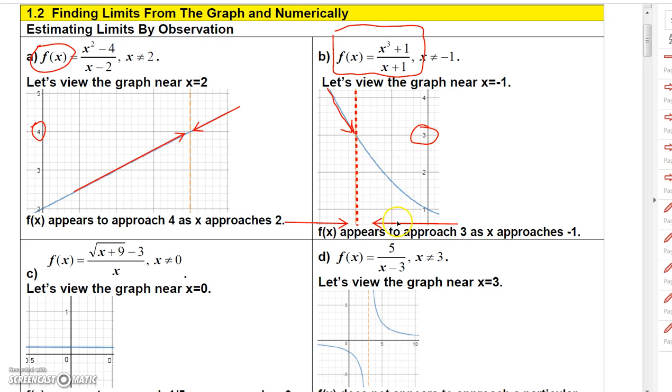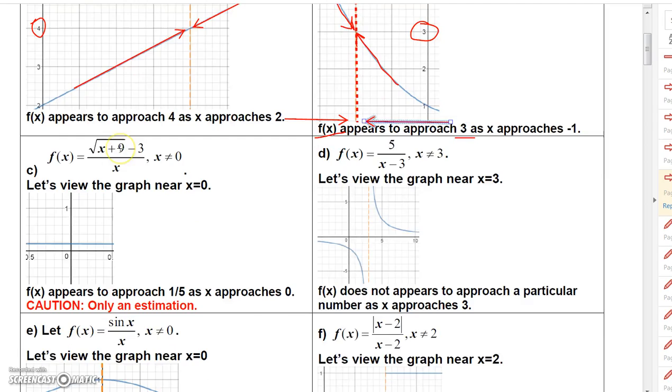And as we get closer to -1 from the right-hand side, the y values get closer and closer to that same number, 3. So this function appears to approach 3. The y value, or f of x, appears to approach 3 as x approaches -1.